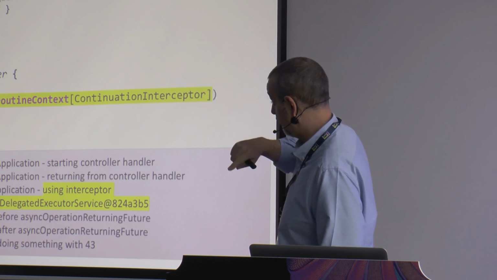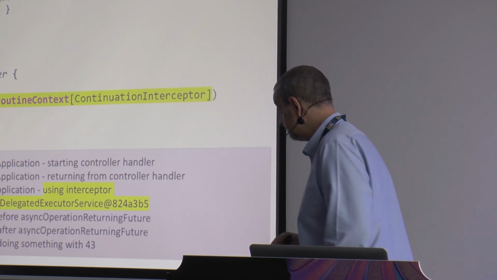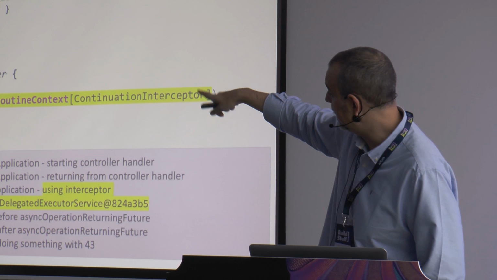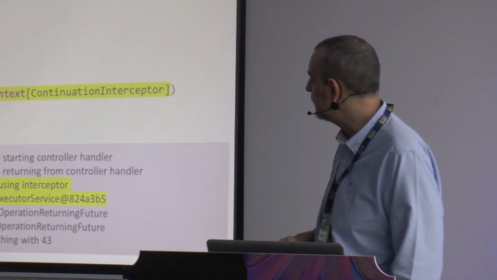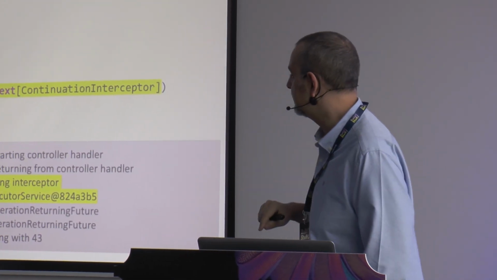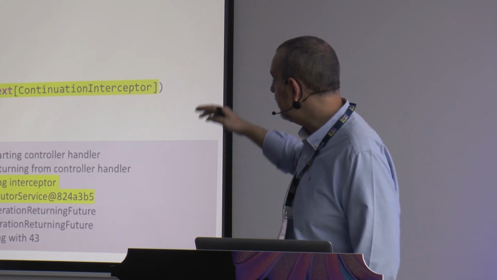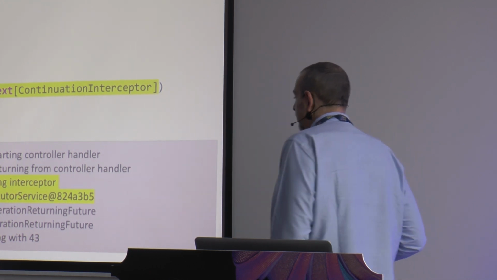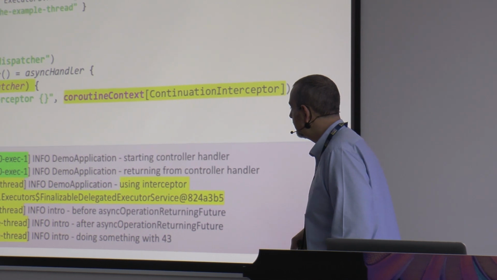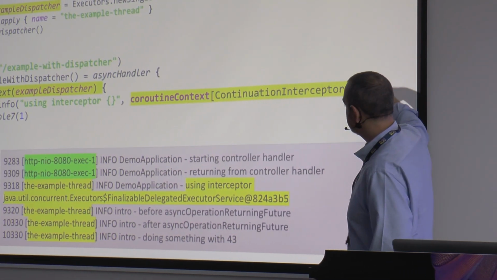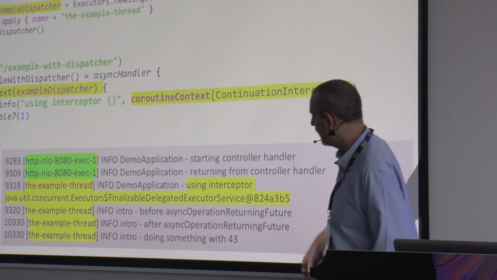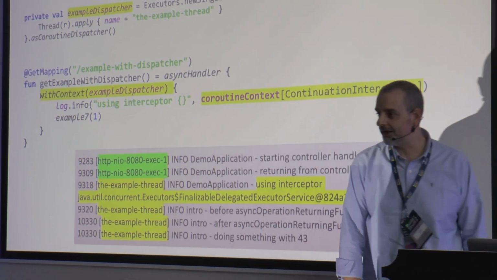And I called that thread the example thread. Then inside the Spring handler, I did withContext with the example dispatcher. And if I look into the logs, I will see that all this code is being run by the example thread.